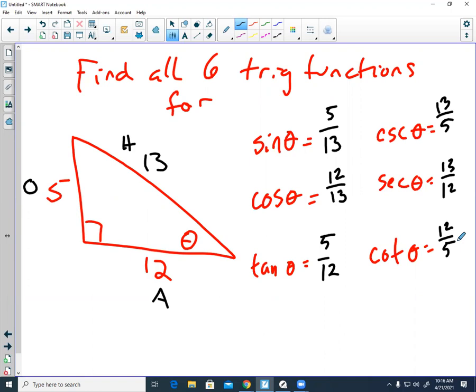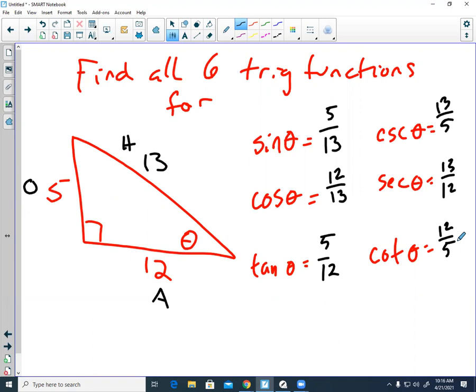Most of the time, it doesn't make sense to deal with anything other than sine, cosine, or tangent. So as of right now, it's going to seem like this is 100% useless. If you end up taking calc or going a little further in algebra 2, it's going to make sense why we use it. But as of right now, there really isn't a reason other than just knowing.